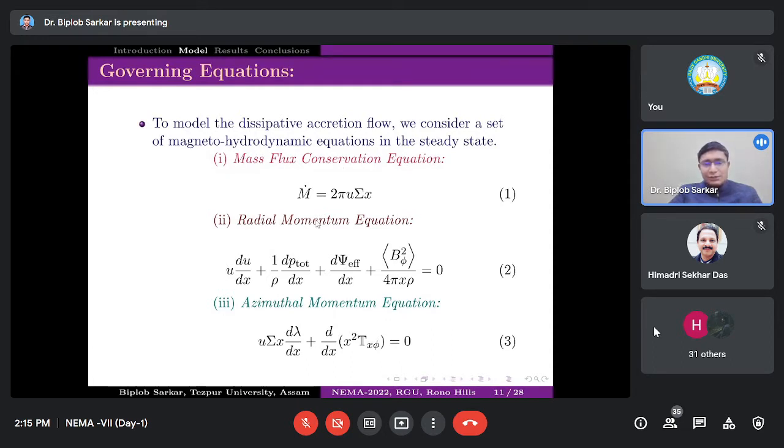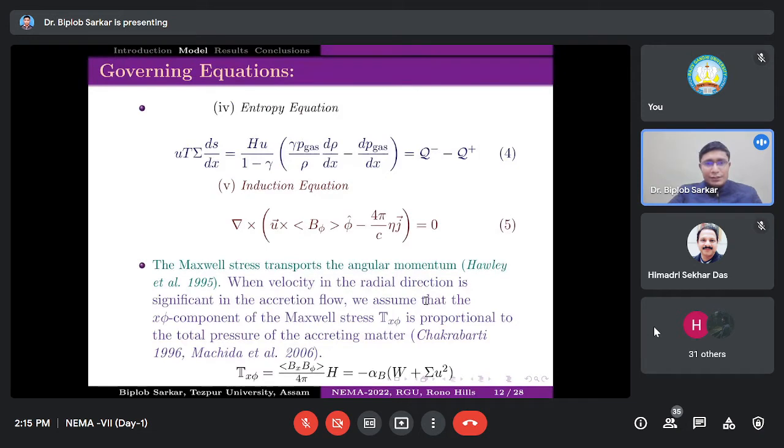Secondly, we have to consider the radial momentum equation. Thirdly, we have to consider the azimuthal momentum equation. Thereafter, we also have to consider the entropy equation. The hydromagnetic flow equations must also be supplemented by the induction equation as given by equation number 5.